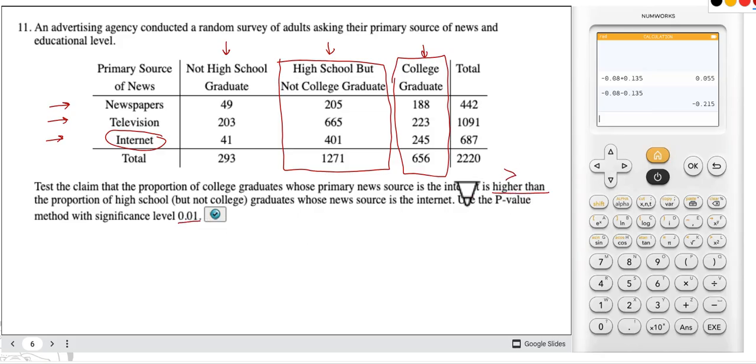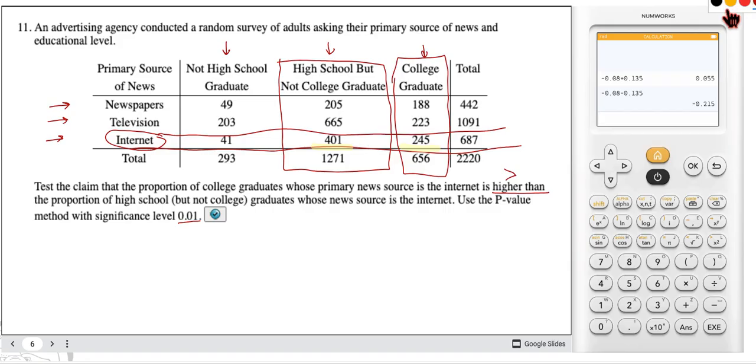P-value method, what we need is, since we're doing proportions, think of this as successes and failures. What is the number we need? Well, if we look at this overlapping region, internet comes this way, and the ones that we have in the middle, right here and here.